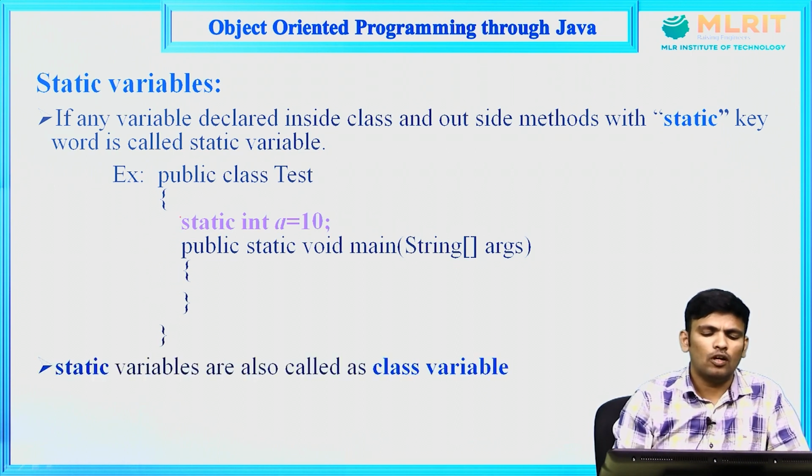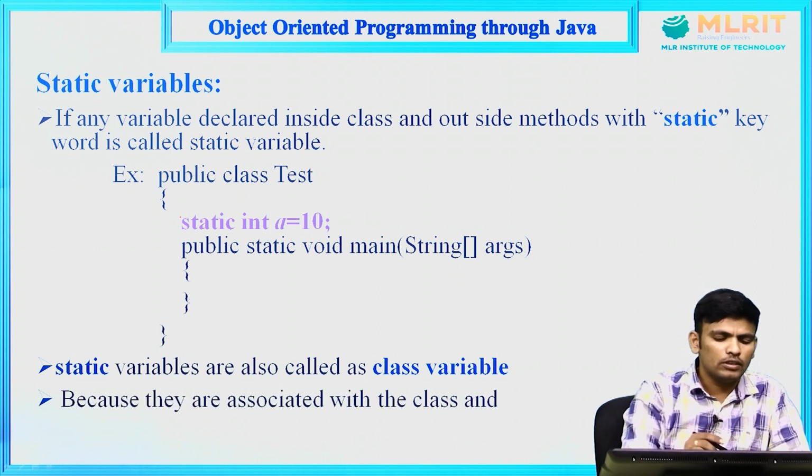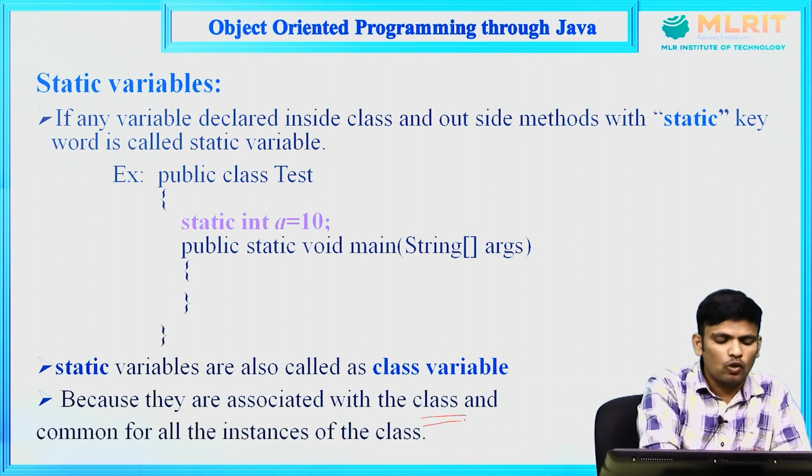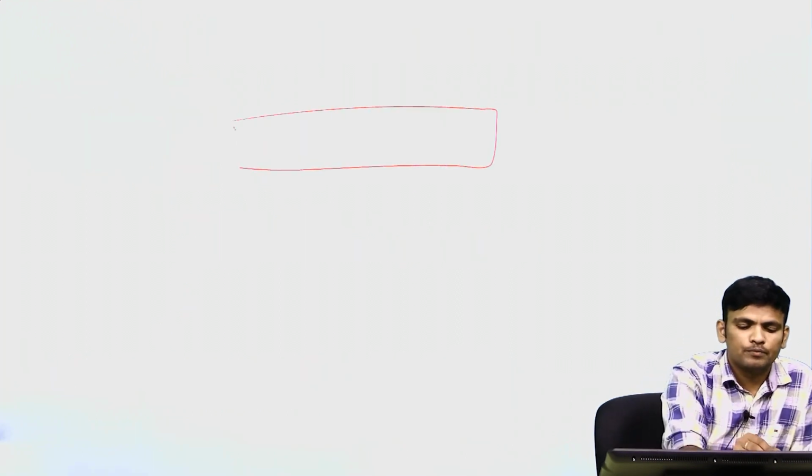Static variables are also called class variables. Why? Because all these static variables are always associated with a class, and by using the class name we can call the static variables. They are associated with a class and common to all instances of the class. Here I have an example.